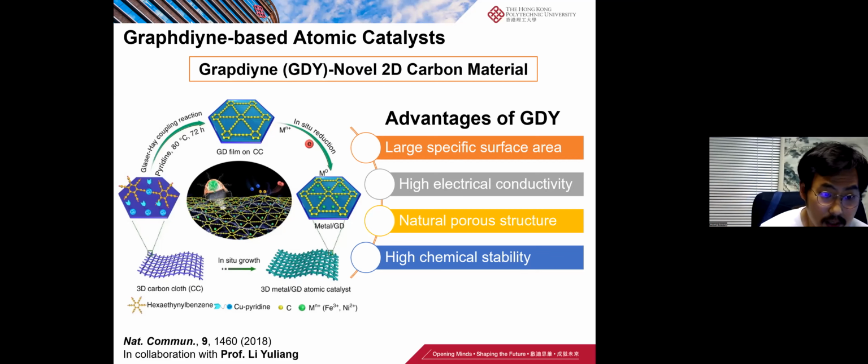It has a large specific surface area with naturally ordered pore structures, and this supplies a good environment to stabilize more single atoms. Meanwhile, it also shows high electrical conductivity to guarantee efficient electron transfer during electrocatalysis. Moreover, the remarkable chemical stability enables its application under different electrochemical environments.